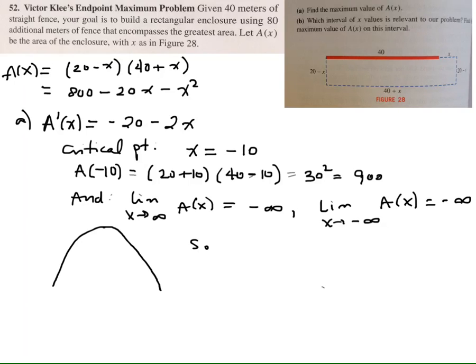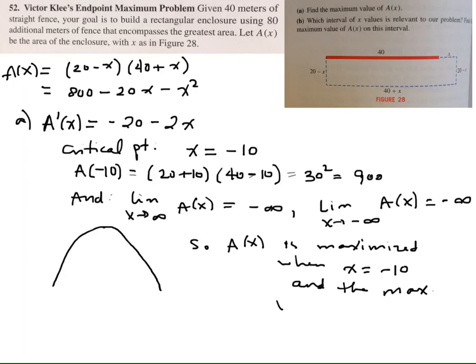So A of x is maximized when x equals negative 10, and that maximum value is 900 square meters. Okay, so that was part A. The maximum value of A of x is 900 square meters.